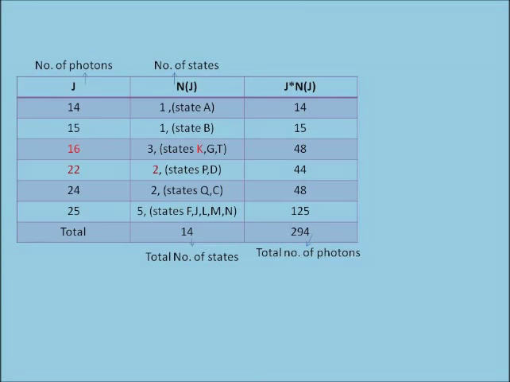So the total number of states are 14 and total number of photons are 294, which are distributed over these 14 states. Now if we have to calculate probability of finding number of photons in some state, or state in number of photons, we will see through examples.